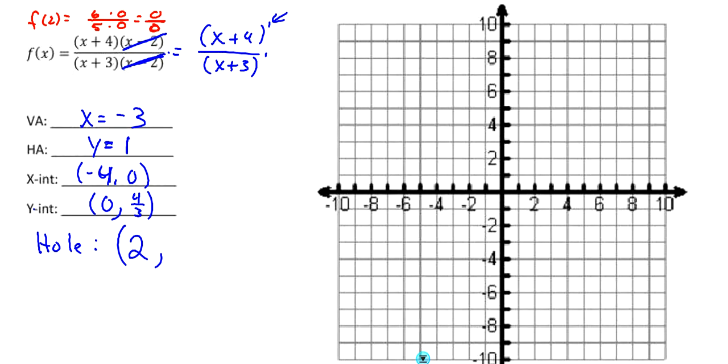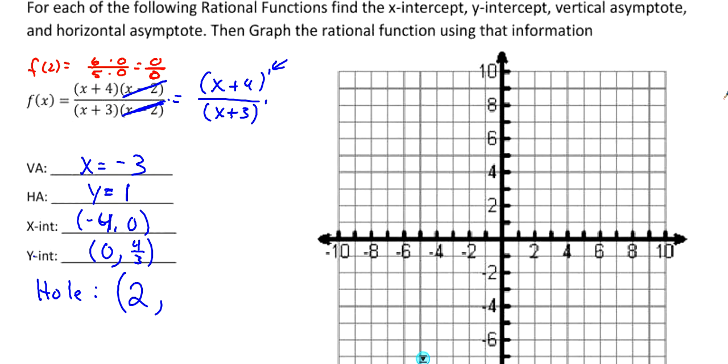It actually has a special name. We call it indeterminate form, because you cannot take 0 and divide it by 0.